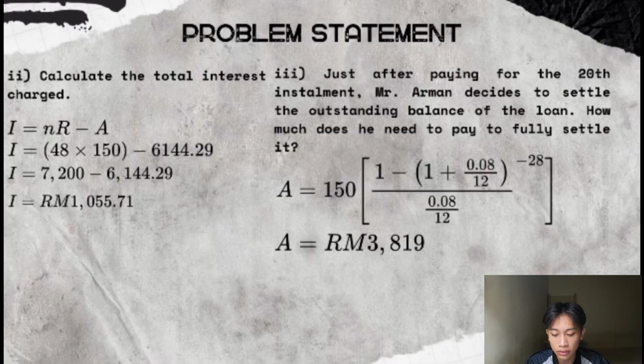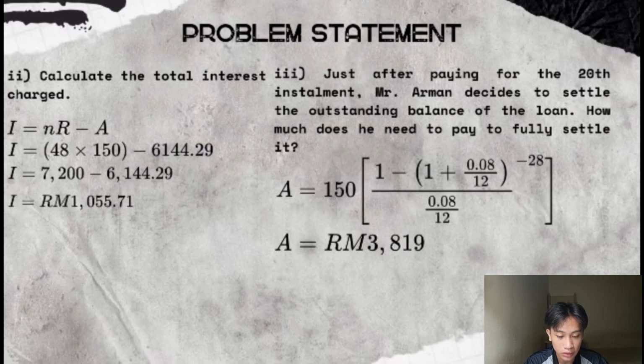So 7,200 minus 6,144.29 will be RM1,055.71.